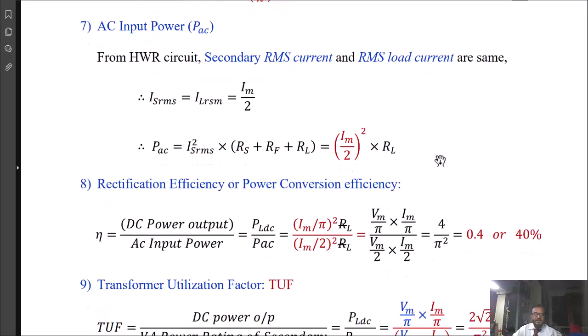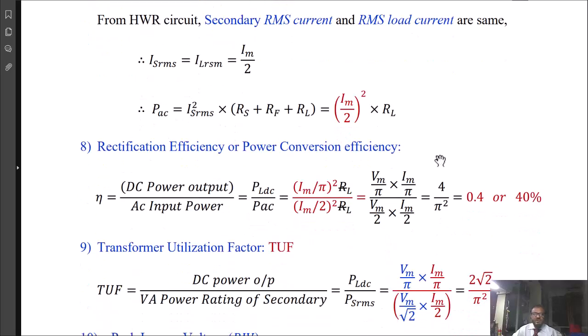The rectification efficiency or power conversion efficiency is now defined as eta equal to DC power output upon AC power input, PLDC upon PAC. Substituting the equations of PLDC and PAC, we get the efficiency of 0.4 or 40%.